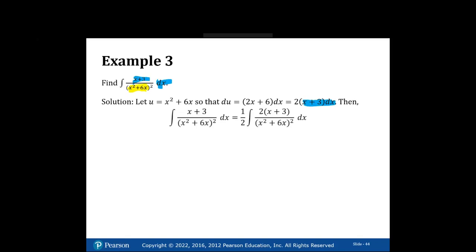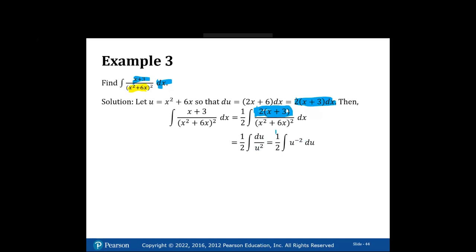So I'm going to pull a 1/2 out. I'm going to stick a 2 on the top, and that gets me this, which matches this. So then I can sub that in. So I just get du on top and u squared on the bottom. And we can rewrite that as u to the negative 2. And notice that this works.